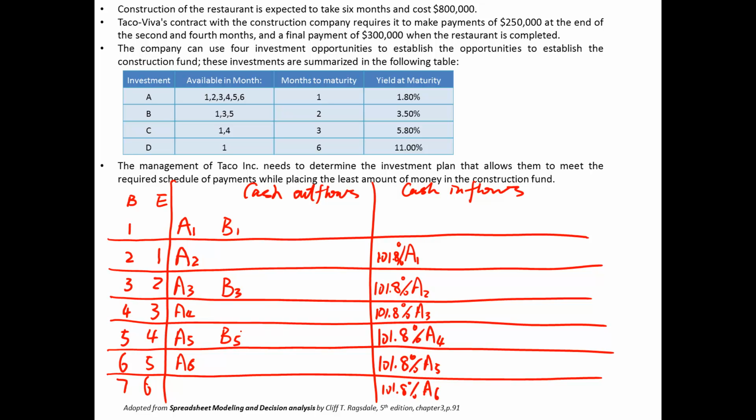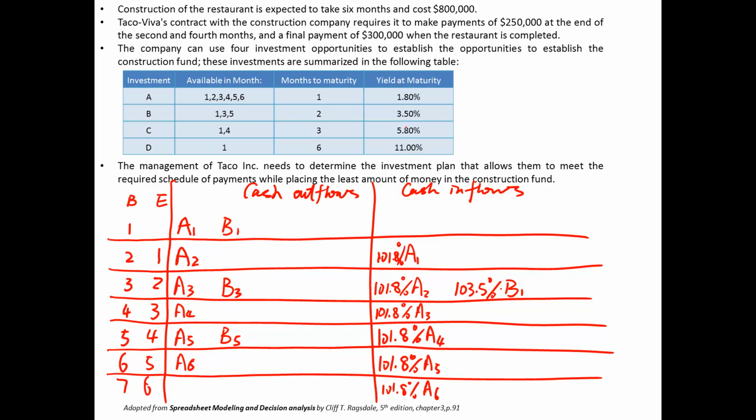And those Bi represent the amount of money we put in B in the i-th month. Okay, and so the amount of money we put in B1 matures here, and it's 103.5% of B1, because the yield rate is 3.5%.